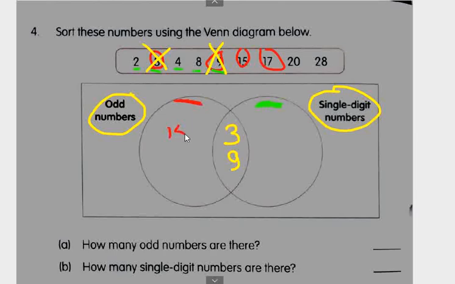Because 3 is also red, but it is in the combined part. It belongs to both circles. And the second circle, let's write down all the numbers that we mark with green.